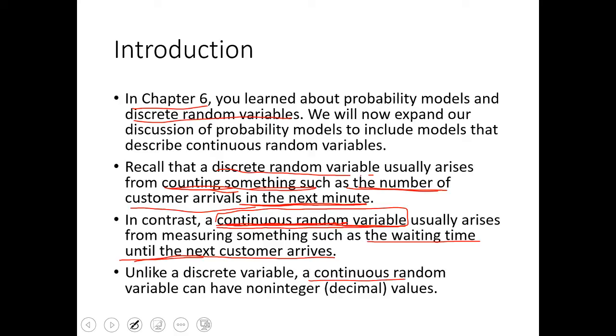A continuous random variable can have non-integer decimal values. Not always, but 99% of discrete variables have integer values, while a continuous random variable can take all real numbers.